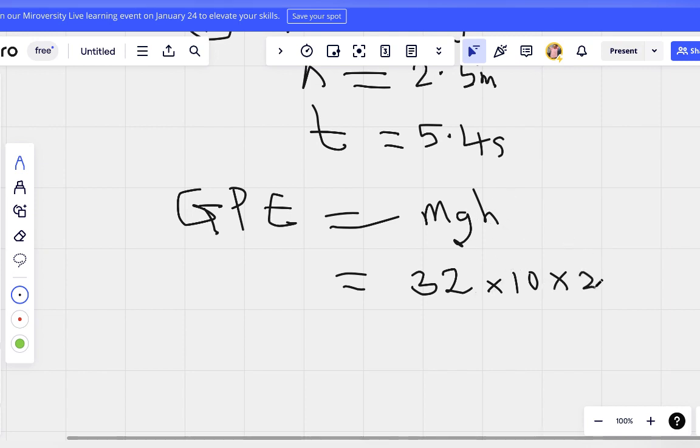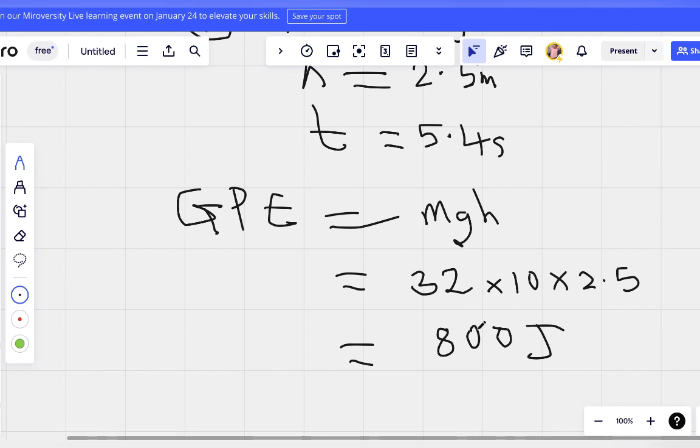So you multiply this, what do you get? 32 times 10, you get 320. 320 multiplied by 2.5. So we get the gravitational potential energy to be approximately 800 joule.